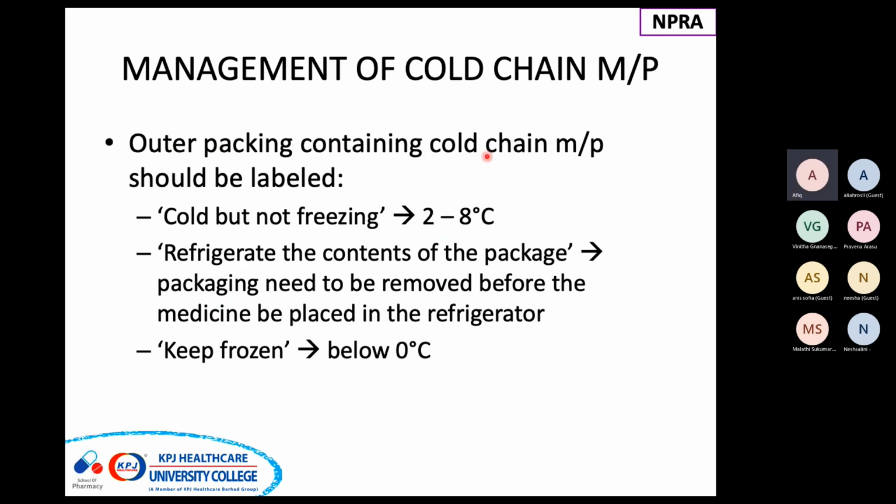Outer packing containing cold chain materials and products should be labeled cold but not freezing. This means the temperature is between 2 to 8 degrees Celsius. Refrigerate the contents of the package, so packaging needs to be removed before the medicine is placed in the refrigerator. Or if you see, like this, keep frozen, then it must be put below 0 degrees Celsius.